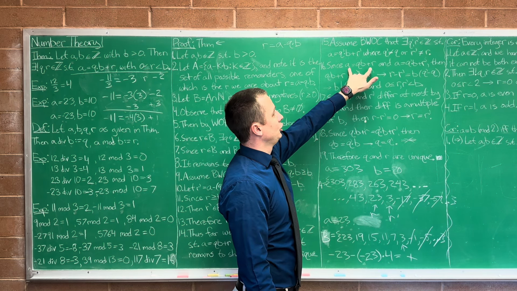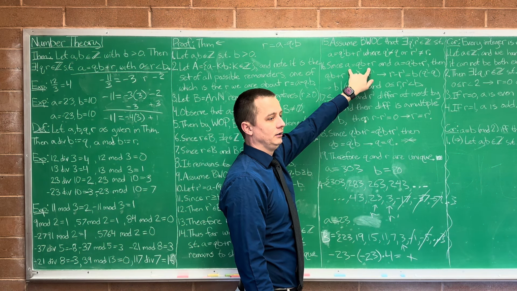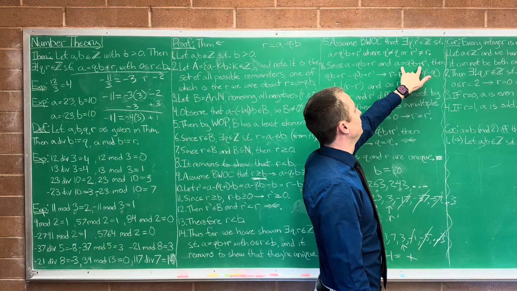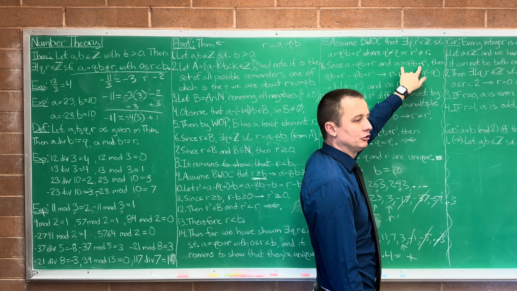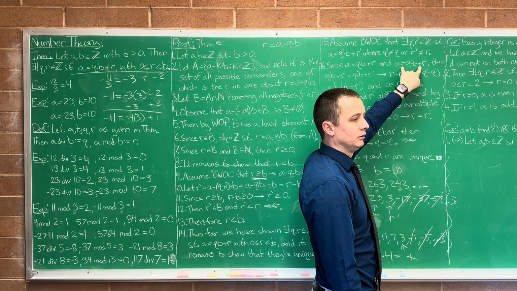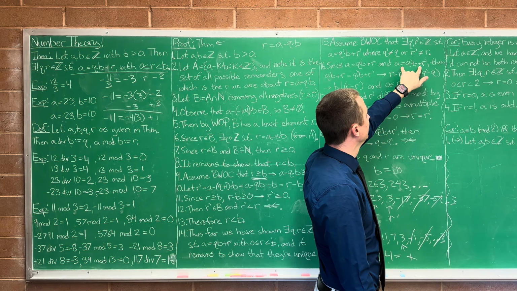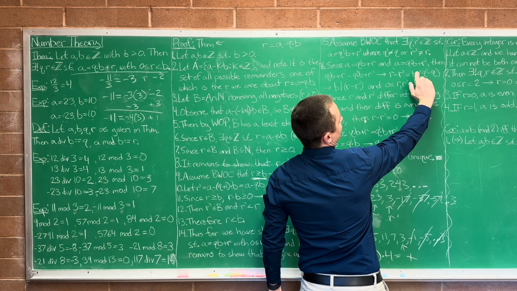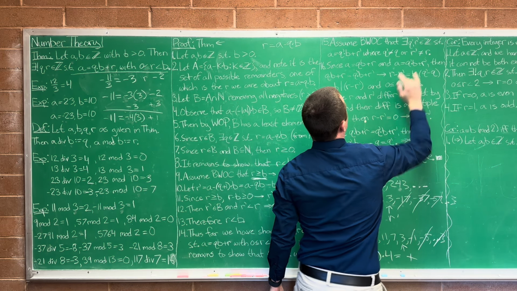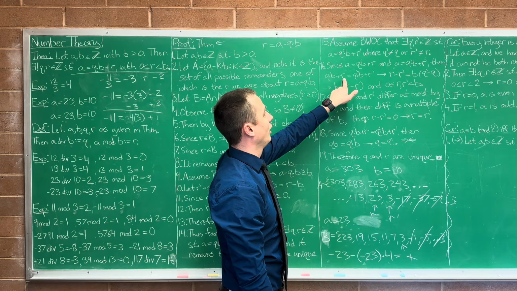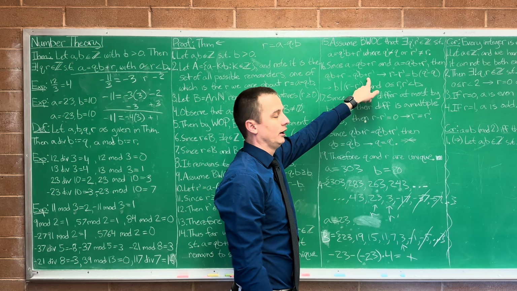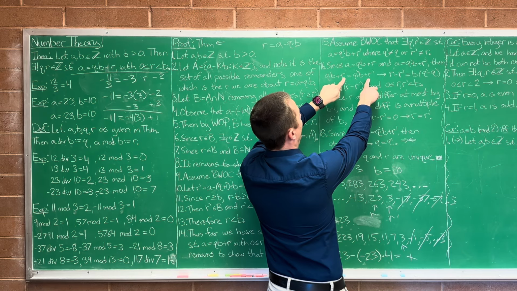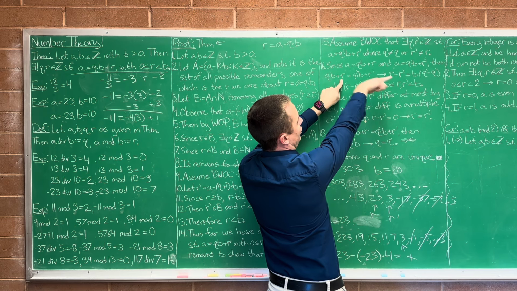Well, a is equal to qb plus r, right? That was my solution. And a is equal to q prime times b plus r prime. That was your solution. Good so far? Well, since a is equal to that and a is equal to that, then this has to be equal to this. So my q times b plus r has to be equal to your q prime times b plus your r prime. Okay, subtract. I'm basically putting the r's on this side and the q's on that side.